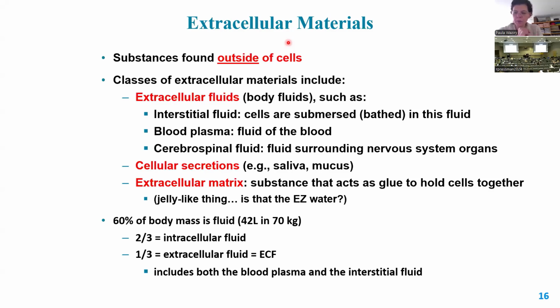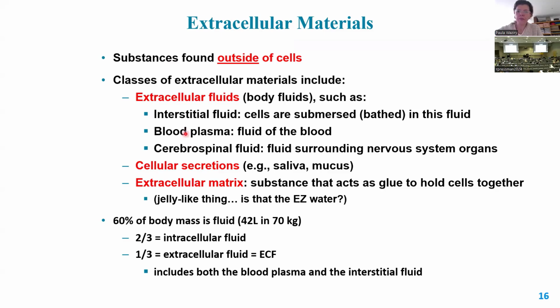In comparison, when you compare with cells from your mucosa, like from the inside of your mouth, those are wet, right? Because you have saliva inside of your mouth. So those cells are alive. They're bathed by fluids. So extracellular fluids, what's in there?